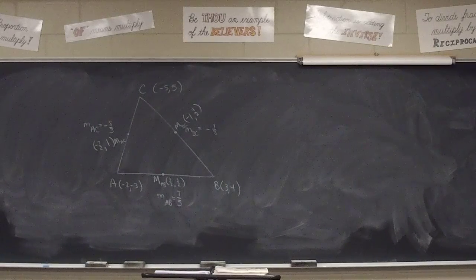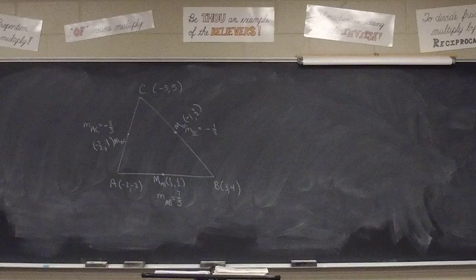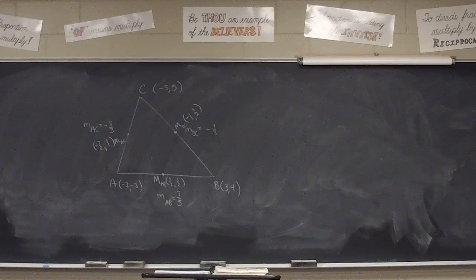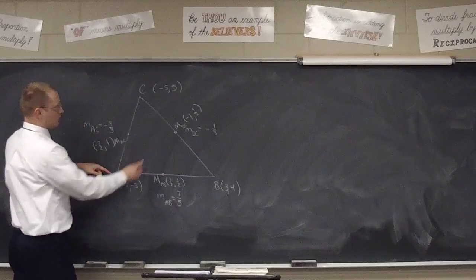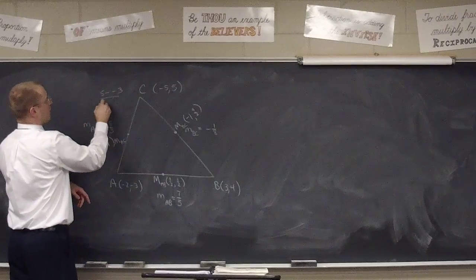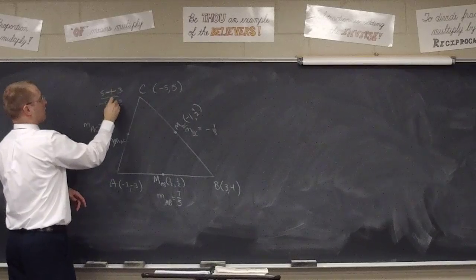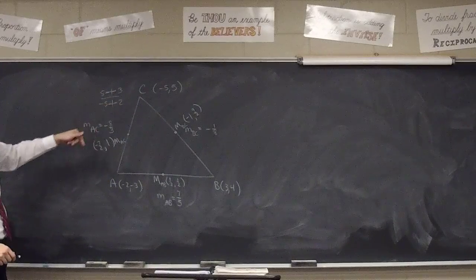I found the difference of the X and Y's. Technically you do, right? That's what it is. It's change in Y over change in X, right? So 5 minus negative 3 over negative 5 minus negative 2. And that's where I got the 8 over negative 3.